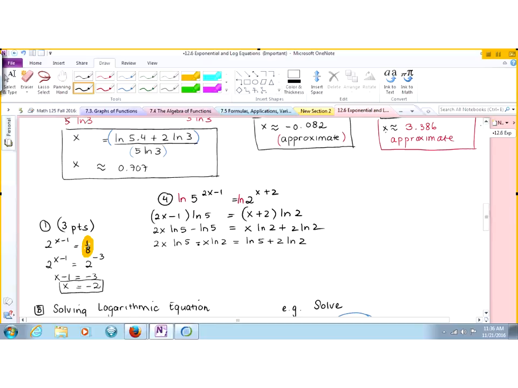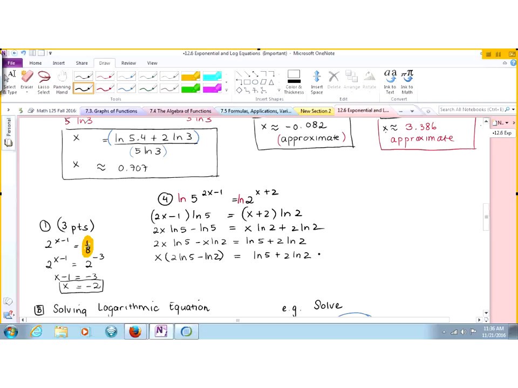Now what happens if I have two x's on the left? You factor it out. So factor out the x. And what are we left with when we factor out the x? 2 ln 5 minus ln 2. Yes. So this is ln 5 plus 2 ln 2.